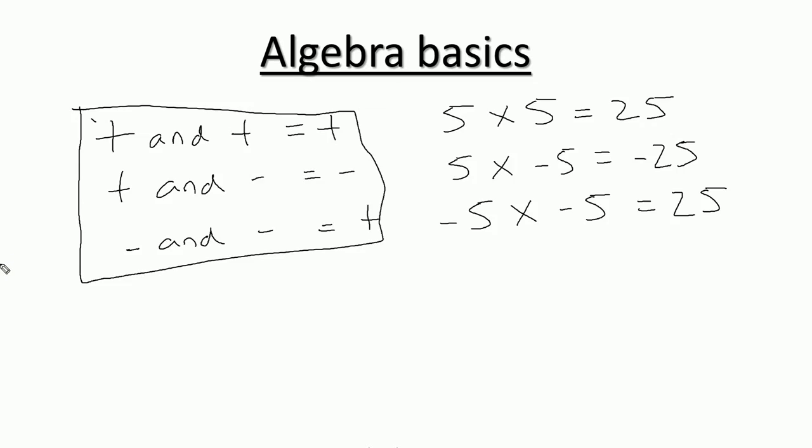Another thing I wanted to mention is some shorthands that we use to make life easier for us when dealing with algebra. So if I just give you the letters A, B and C, where A, B and C can represent any number, that's the meaning of algebra. It's writing letters that can represent any number. Now if I wanted to express A times B times C without writing the times signs in the middle, I could simply say ABC.